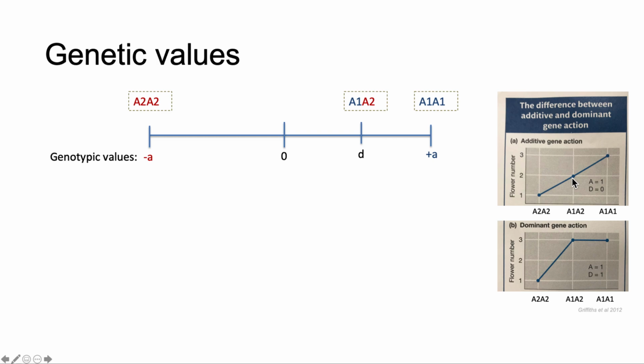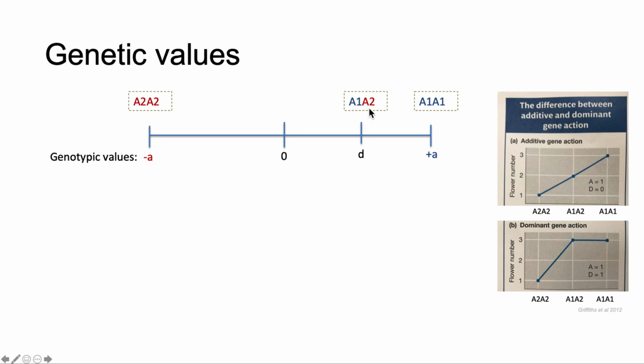So the midpoint between both homozygous lines is 2, and in this model that 2 represents 0. So 0 is the midpoint between both homozygous lines.